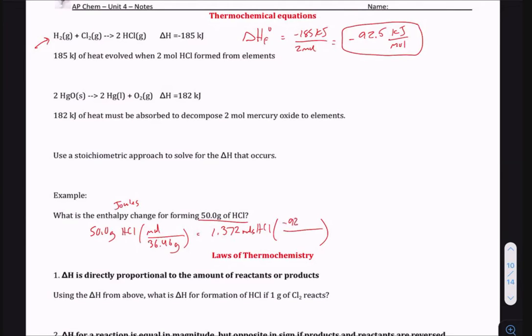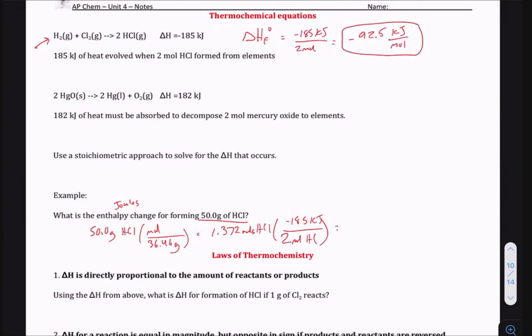You know what? Scratch that. I'm going to write it how you'll probably see it. There's going to be negative 185 kilojoules for every 2 moles of HCl. Because someone who's given a problem like this, the first thing they're going to see is this. They're probably not going to do this step, because if it's not asked, they're not going to do it. They're just going to see this.